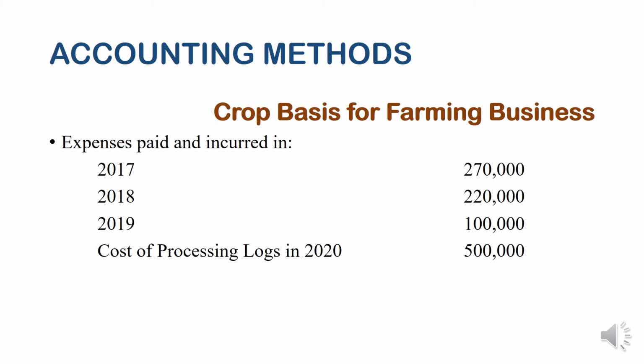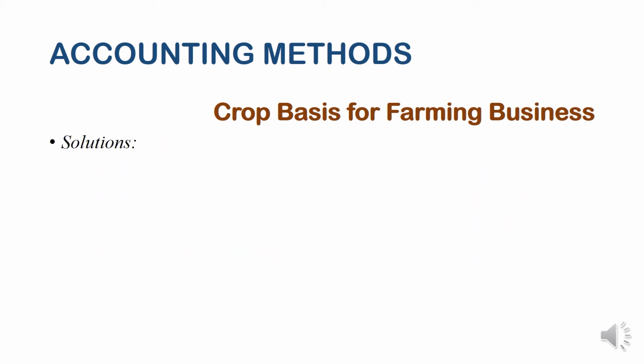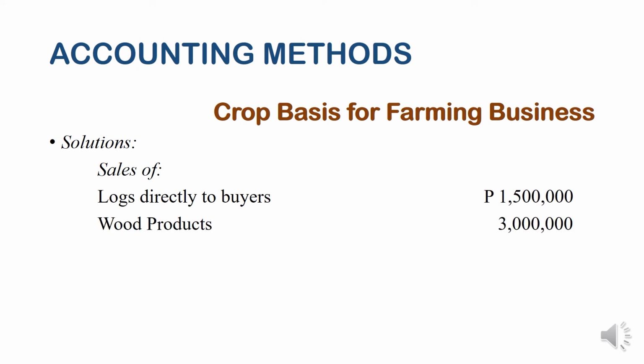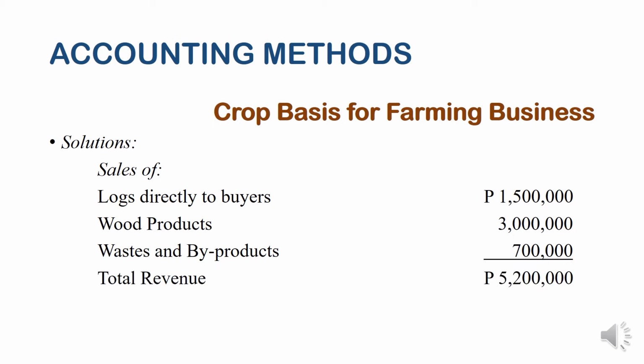So for the year 2020, when there was a harvest and processing and sale of the logs or products, that would be the time when Artemco, the taxpayer, will deduct these expenses and costs. Our solution for this problem would be the sale of logs directly to buyers, that's 1.5 million, the wood products, and the waste and byproducts of 700,000, we have total revenue of 5.2 million.